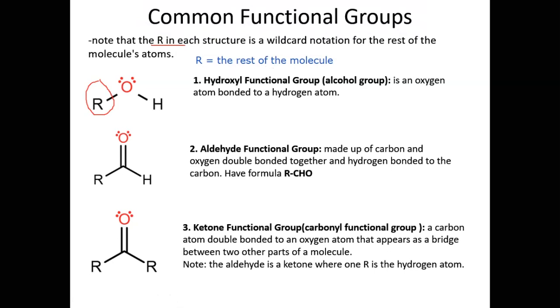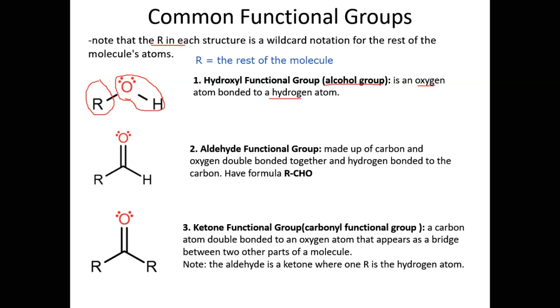So for example, the first type of functional group that we see is an alcohol group. An alcohol group is an oxygen atom bonded to a hydrogen atom. So you have what's called an OH group. When you have an OH group attached to a molecule, it's referred to as an alcohol. Let me see if I can draw one for you.